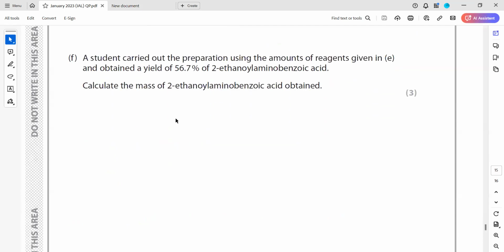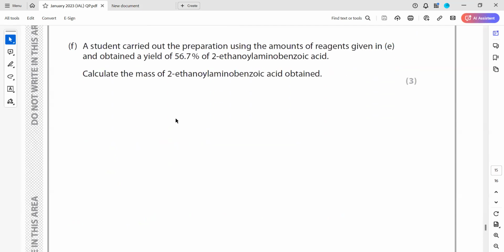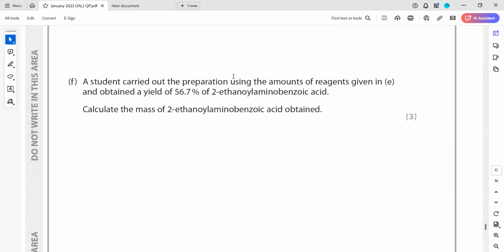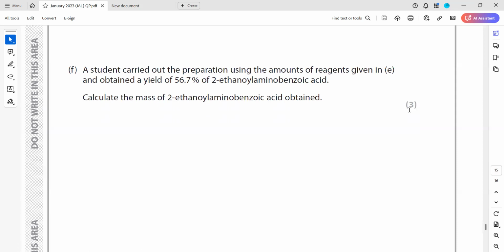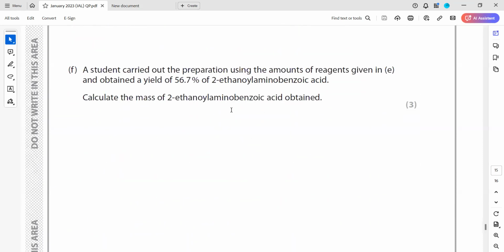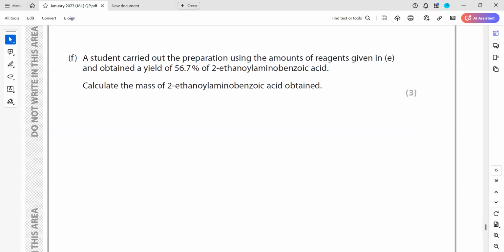A student carried out the preparation using the amounts of reagent given, and obtained a yield of 56.7. Calculate the mass of 2-ethanoylaminobenzoic acid obtained. So first we'll use a ratio.